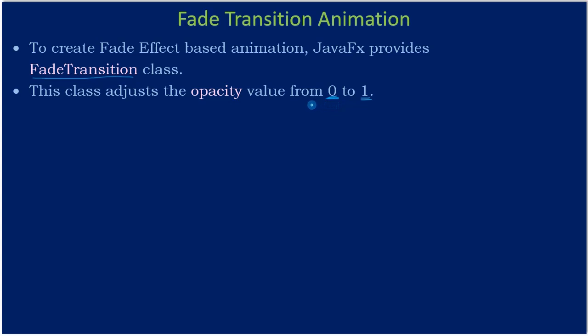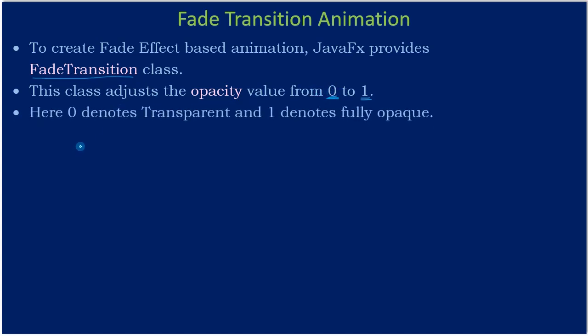Any shape that supports the fill color property, we can change the opacity of the object from 0 to 1. Here 0 denotes transparent and 1 denotes fully opaque.